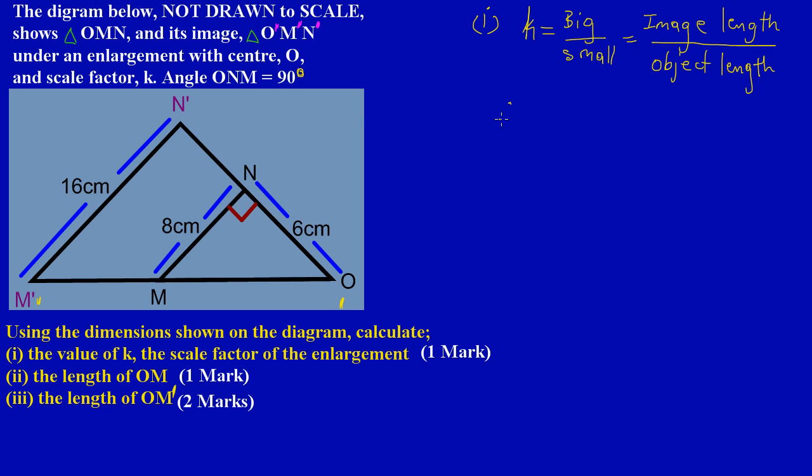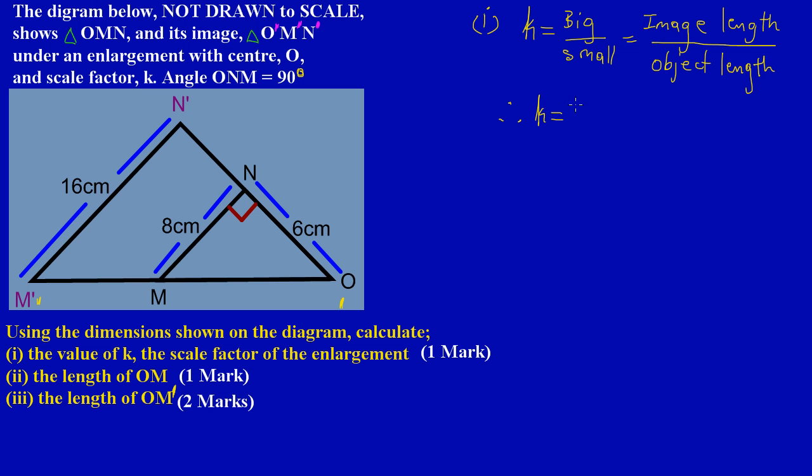So therefore I can say then that the scale factor K must be equal to, in part 1, the big side, which is, if you notice, we are matching corresponding sides. Now I should have said that we are matching corresponding sides. So since we were given the side MN, we are matching it with M prime N prime.